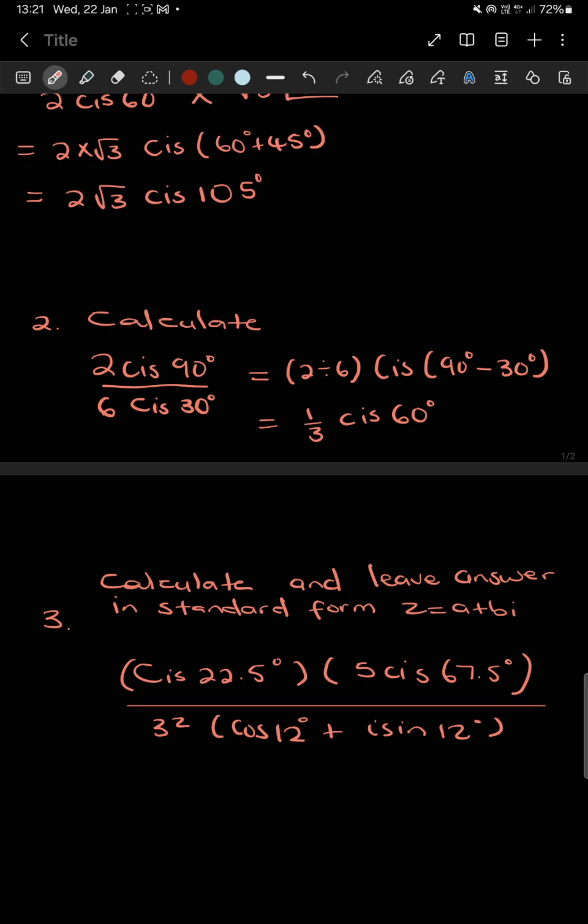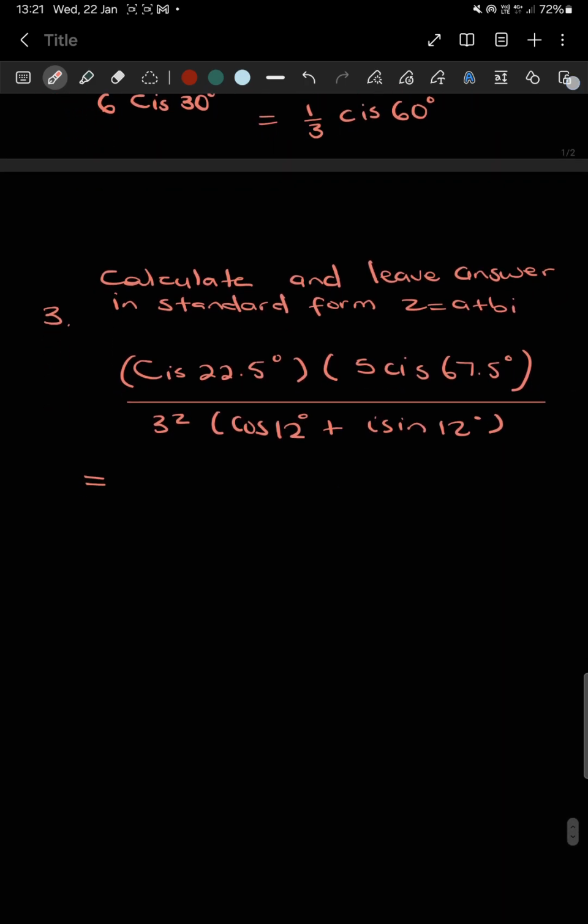We multiply our moduli, our r's, so 1 times 5 gives you 5 cis 22,5 degrees plus 67,5 degrees. Okay, that's the rule used on top.